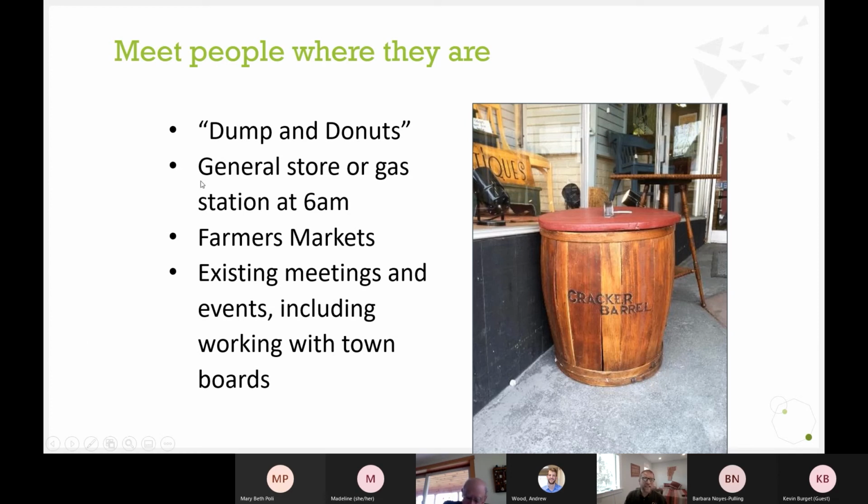In Sharon, it's Dump and Donuts on a Saturday morning. That's the best way to meet landowners who are taking care of business at the town dump in the morning. The Sharon Conservation Commission offered donuts and set up a table and talked to townspeople as they were engaged in that activity. In Craftsbury, it's going to the general store at 6 a.m.